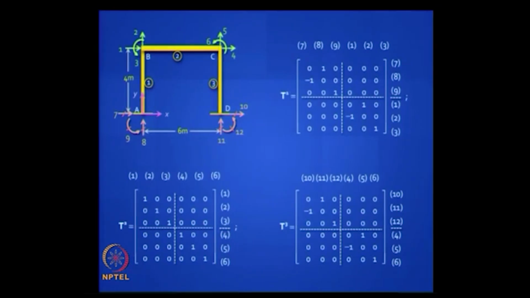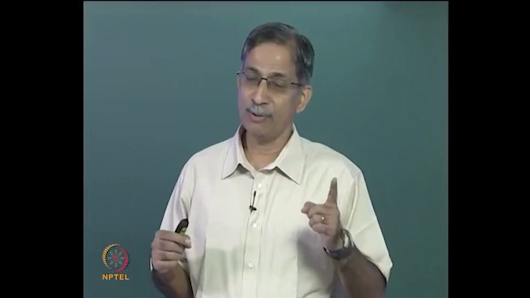Remember, when you do a large frame, it is better to follow those suggestions we gave in the third module of reducing your bandwidth by numbering along the shorter direction. But we are not looking into those aspects at this stage because we are dealing with very small frames. It does not really matter when you are dealing with a small frame.